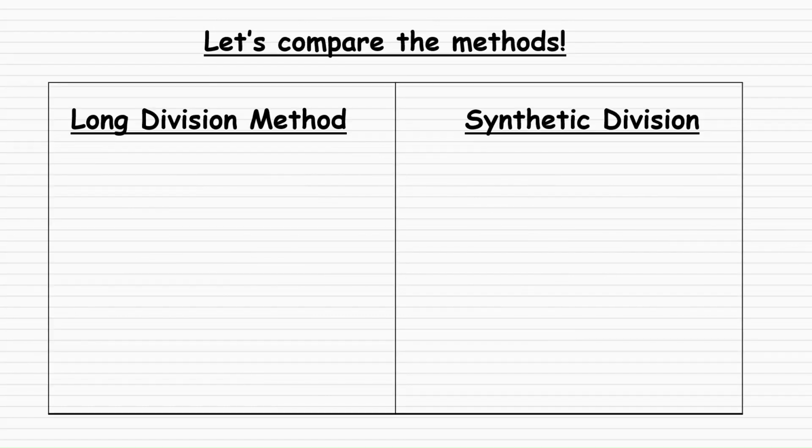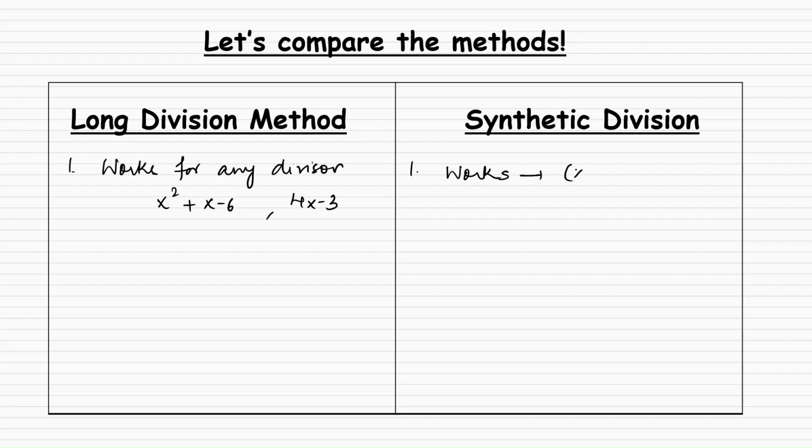So let's compare both these methods, long division and synthetic division. First of all, the long division method works for any divisor, even if your divisor is a quadratic polynomial, or even 4x minus 3. But synthetic division works only with divisors of the form x minus a.